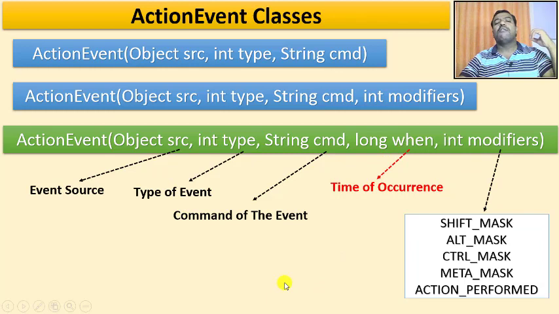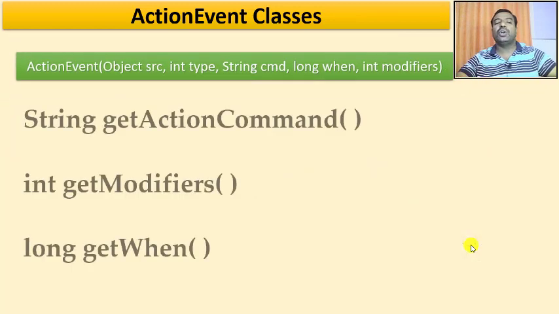Whenever an action is performed, I can know what the source is, where the action came from, what type of action it is, what command I need to use, or whether a command has been submitted by the user for execution, and when this event occurred, and whether the command and the event I am receiving is along with any mask keys or not, and should I mask out those commands or not. So this is what the parameters of action event are going to take.